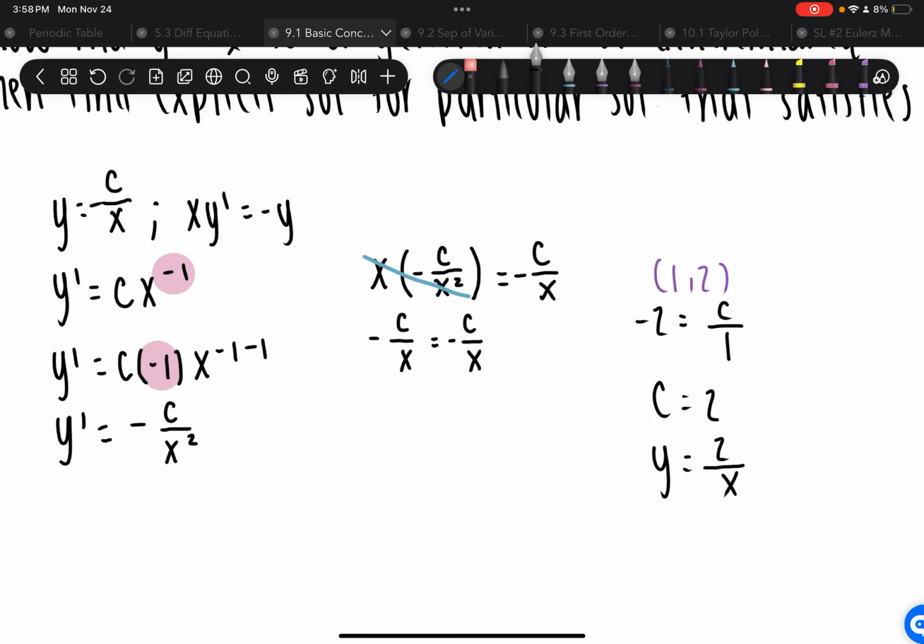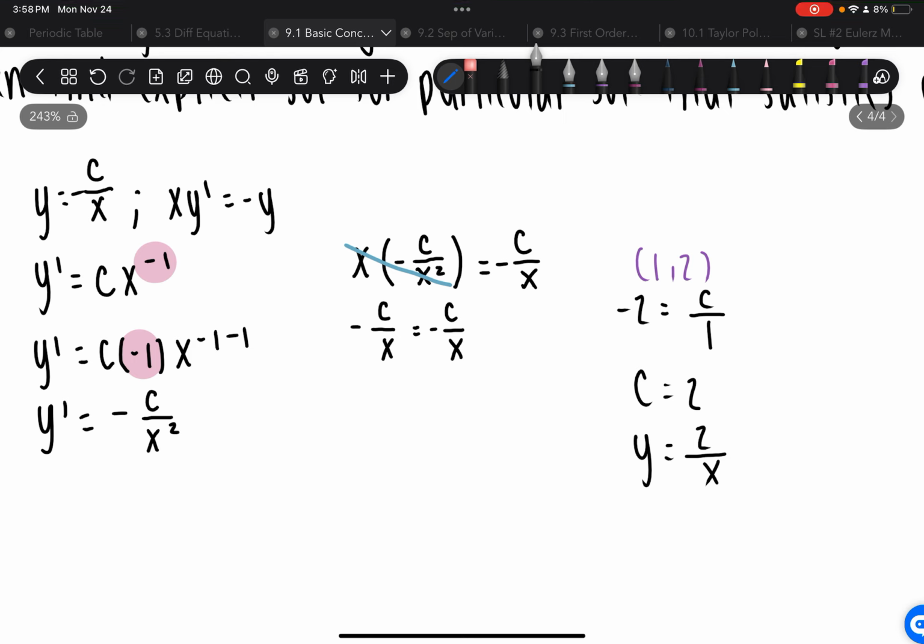So we would plug our coordinate point in to solve for c, which would be 2 equals negative c over 1. And then I'm multiplying, sorry, I made an error, but I multiplied the 1 over to get rid of it. And so I just have c equals negative 2. And then our equation would be y equals negative 2 over x.